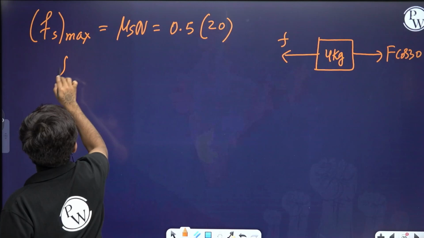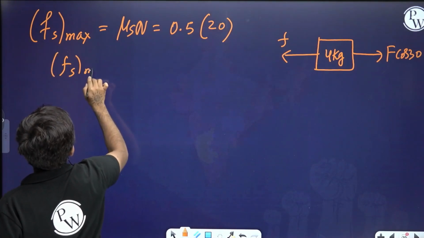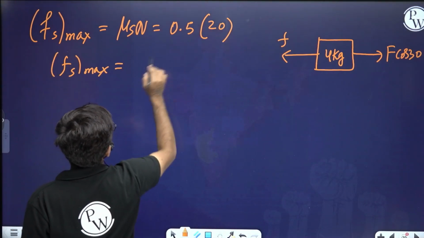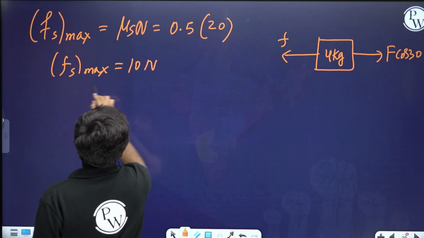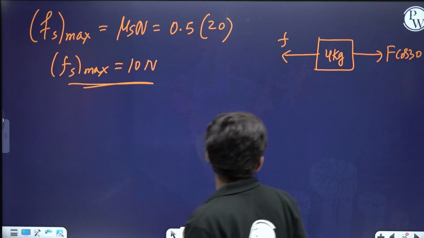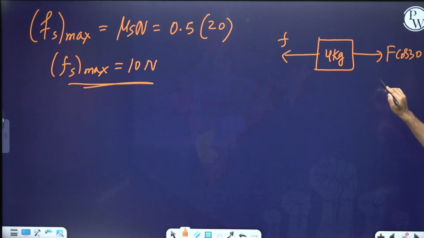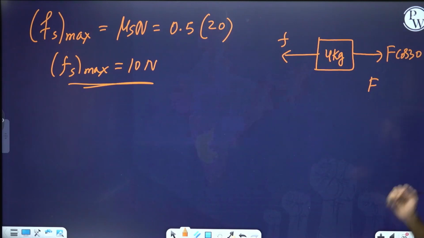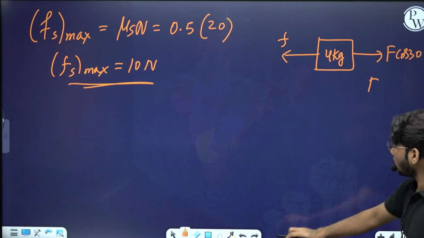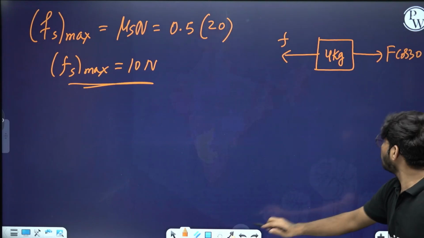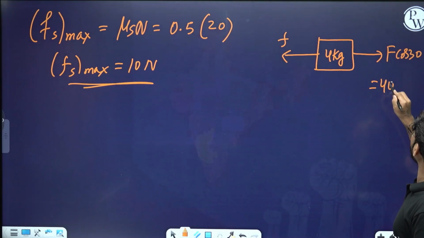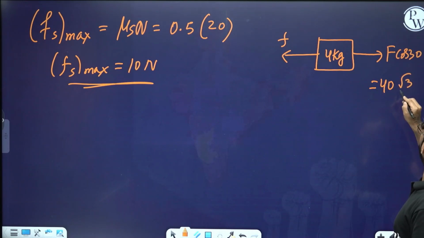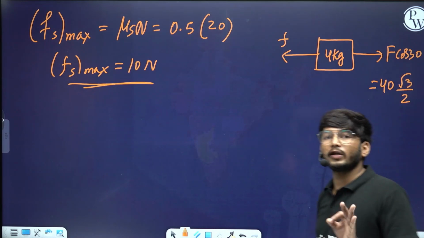So what is the Fs max value? Fs max value is 10 Newton. And F cos theta is equal to 40 cos 30, which is 40 root 3 by 2.